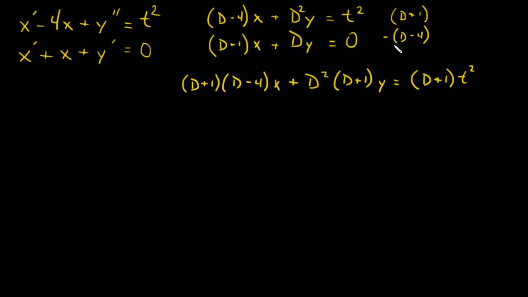So now if I multiply through by the negative D minus 4, I'm going to wind up with negative D plus 1, D minus 4, x, and then minus D times D minus 4, y, and that equals 0.